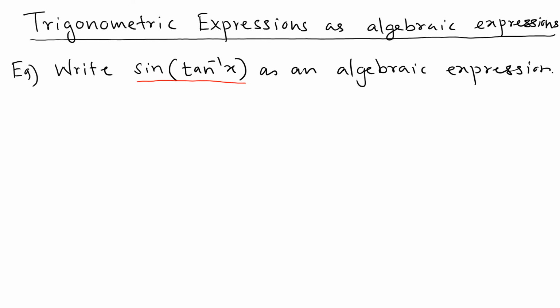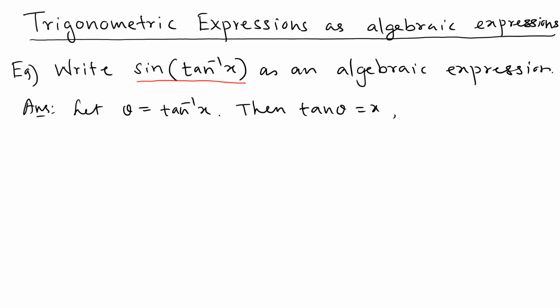We're going to use a similar argument. Since we know that tan inverse x is an angle, we start the problem like this. Let theta equal tan inverse x, because that's the angle. Then taking the tangent on both sides, tan theta equals x.